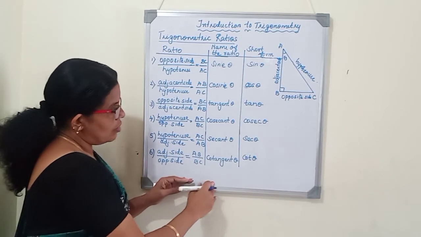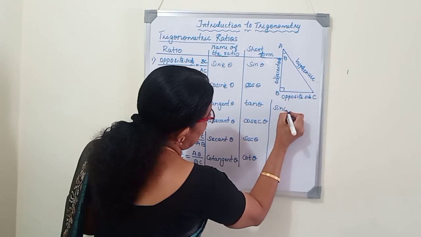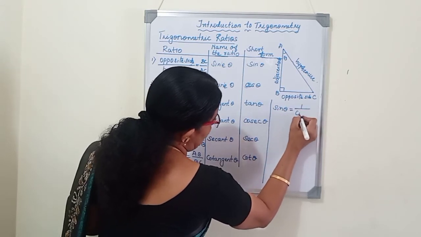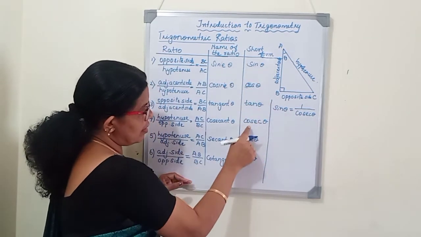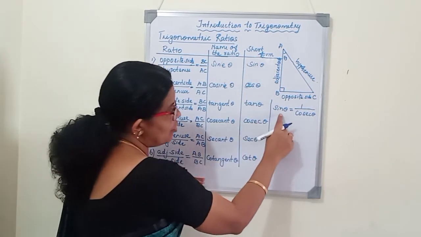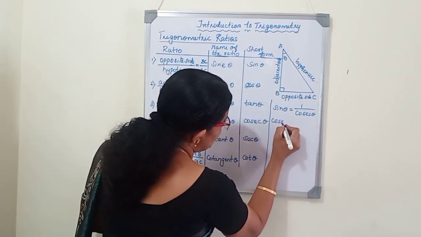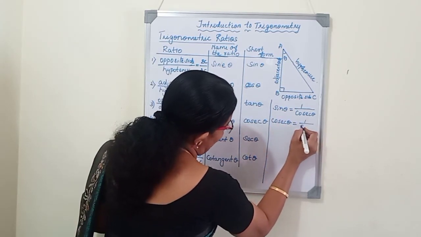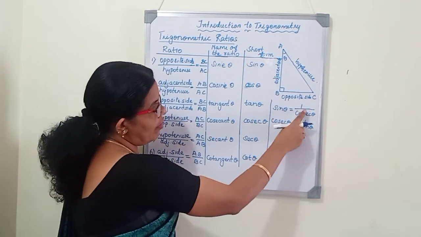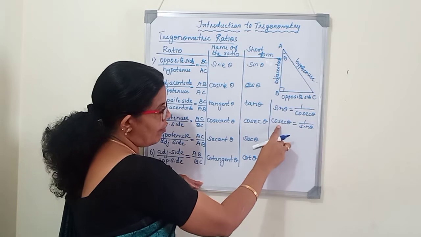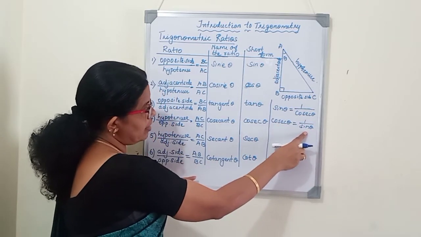And now I'll write and show you. Sin theta is 1 by cosec theta. You have to remember all these while doing sums. Sin theta is the reciprocal of cosec theta. So we can write sin theta equals 1 by cosec theta, or cosec theta is 1 by sin theta. So wherever we want, according to the question, we can write 1 by cosec theta instead of sin theta, or 1 by sin theta instead of cosec.